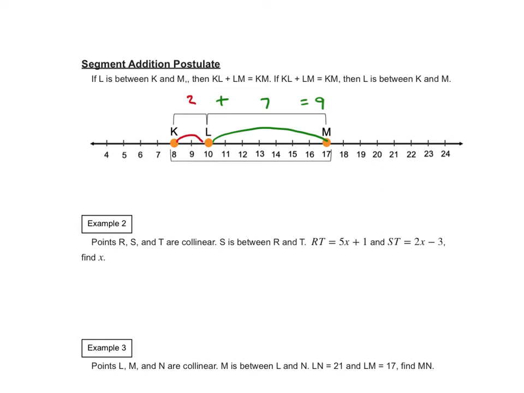Well, KM is going to be 17 minus 8, which is going to be 9. There you have it. So it turns out that those two statements are true. And therefore, if KL plus LM equals KM, then L is between K and M. So again, we're able to do some segment addition postulate here.